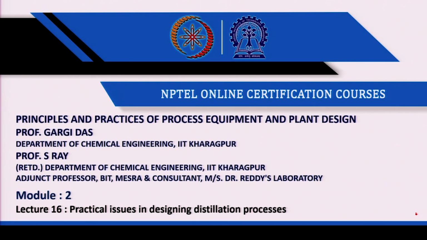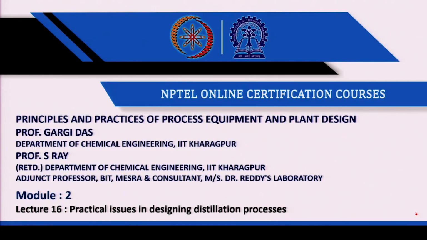We are going to talk about certain practical issues in designing distillation processes. So far what we have covered are the basics of engineering design and process design. This we have followed with a special type of separation process design, which is designing of distillation separation, where we have specifically covered, initially, to start with, flash distillation or flashing.